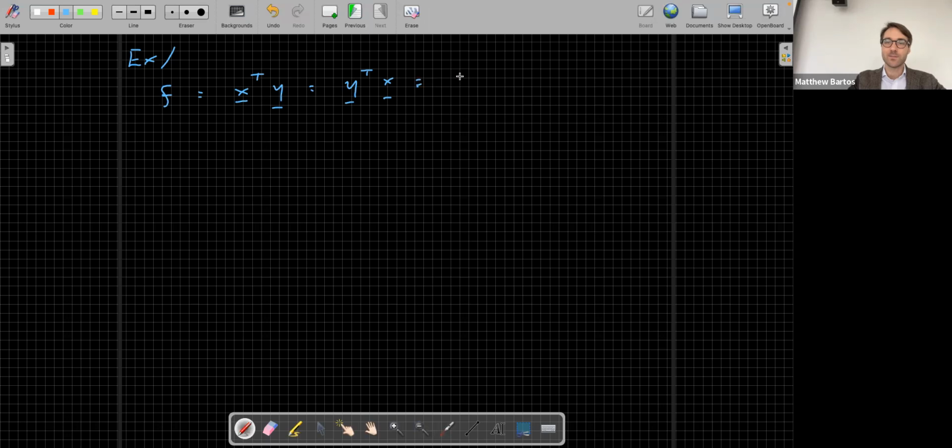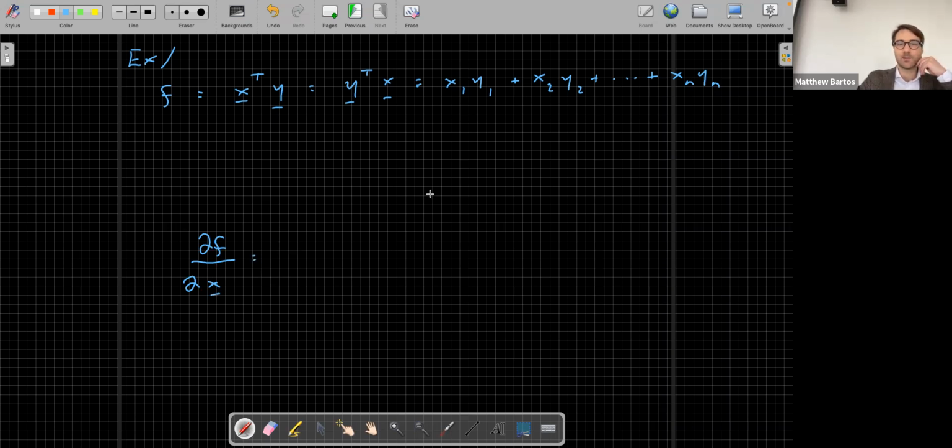Right. So this expression here is equal to x1 y1 plus x2 y2, and so on, all the way through xn yn. So let's say we want to compute the gradient of our expression f with respect to x.